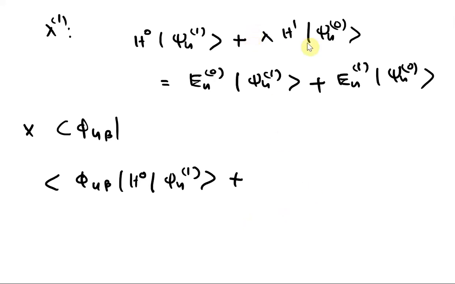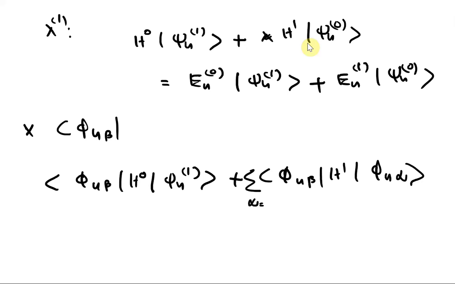This is not there yet, comparing it. And what else? Phi n beta H prime phi n alpha will be there. This term we are not substituting here. We will be having a phi n alpha, and there will be a sigma running from alpha equal to 1 to f, and an alpha term also will be there on that term, which is equal to En0.